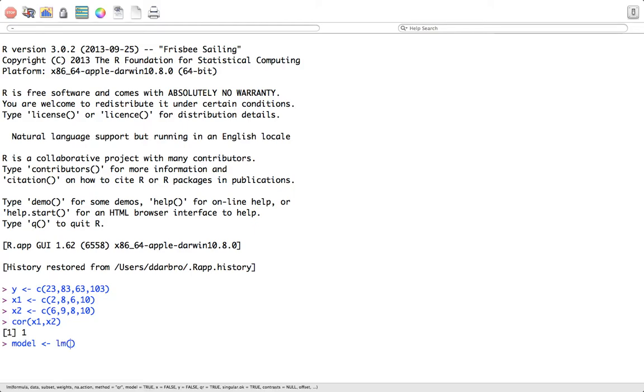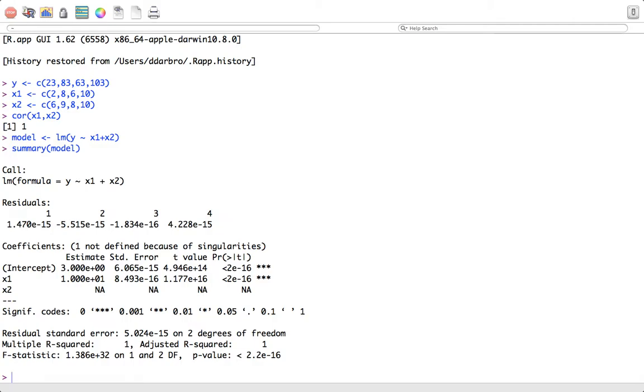And we want to go linear model, y as a function of x1 plus x2. And we'll do summary of our model. And we get kind of weird stuff. Now, the first thing it tells us, it examines the residuals, and you know that's fine and dandy. But when we get down to the coefficients, this is one not defined because of singularities.